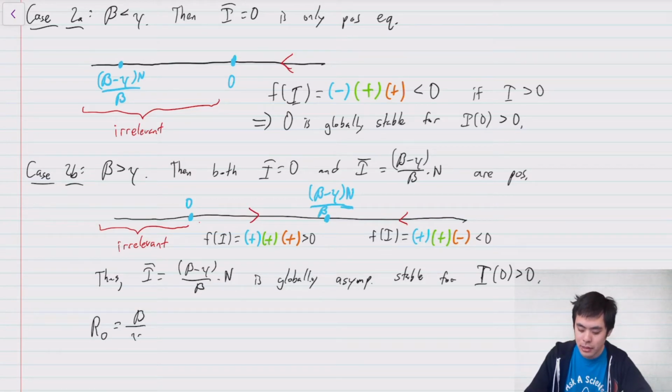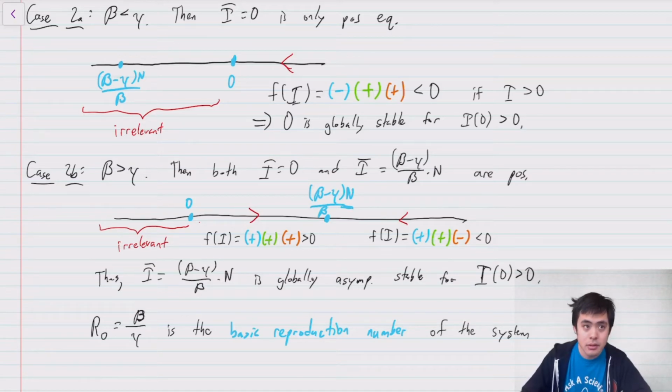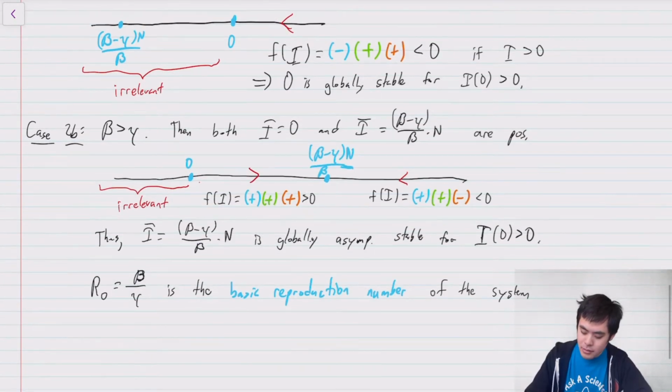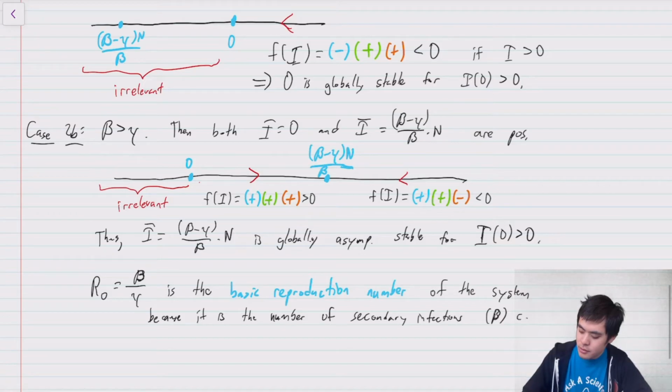R naught is equal to beta over gamma, the basic reproduction number of the system, because it is the number of secondary infections caused by beta during the infectious period, 1 over gamma, because you're recovering at a rate of gamma.